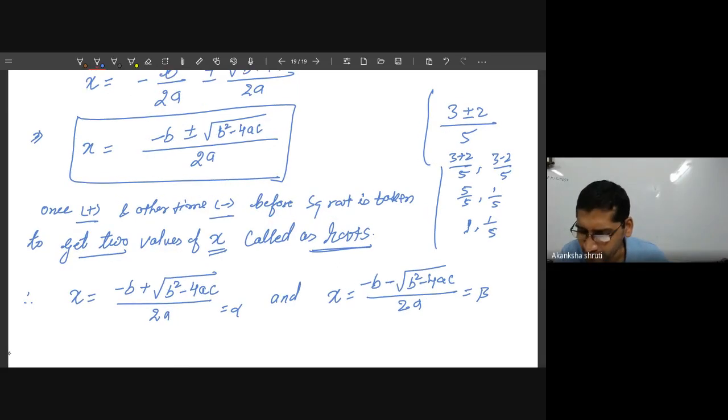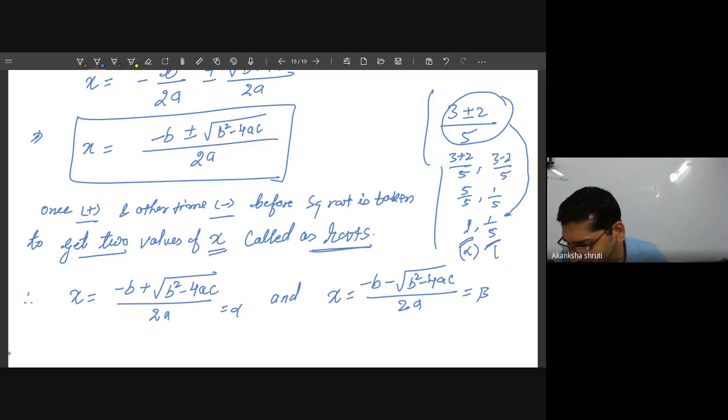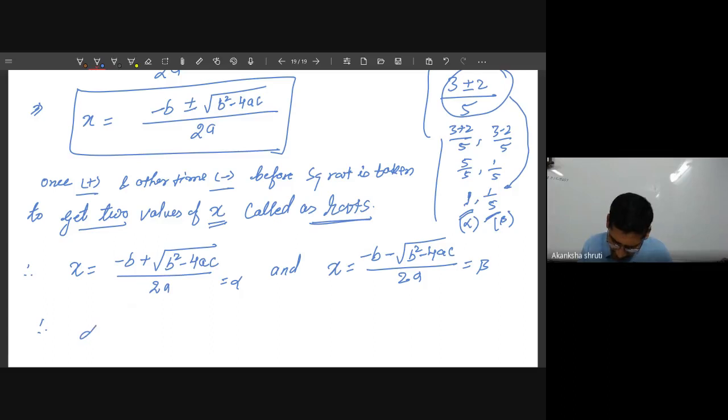Like here, observe carefully. This was the single expression we had taken. Separating one with plus and the other with minus, we get these two values, one as 1 and the other as 1 by 5. Means alpha as 1 and beta as 1 by 5. So most commonly we write alpha is equal to minus b plus under root b square minus 4ac by 2a. Student, you are even free to denote the positive sign one by beta also.